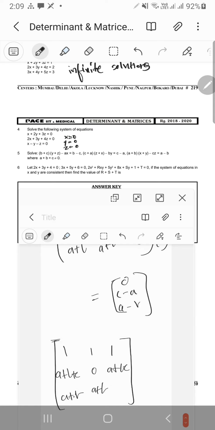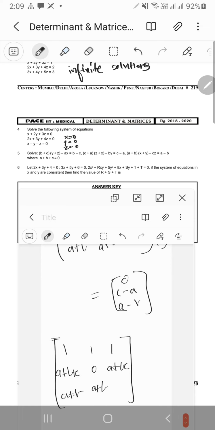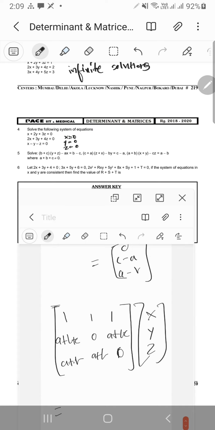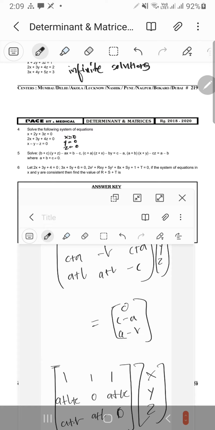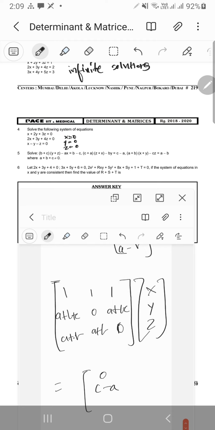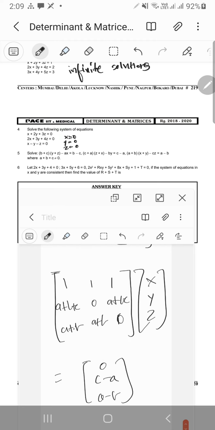I know I'm not supposed to be doing it at the same time, but it's okay. It will be 0 over there, times xyz equal to 0, c minus a and a minus b, no big deal at all.